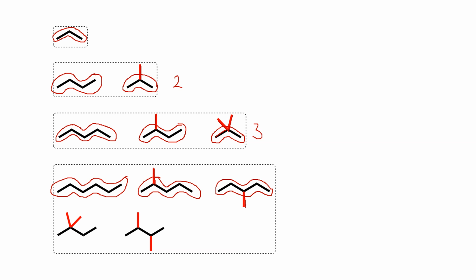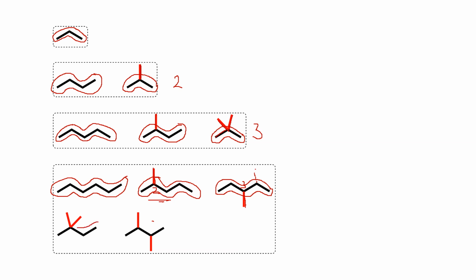Here the branch is on carbon number 2, and here is carbon number 3. If we would like to put it here, we will end up with this same compound.